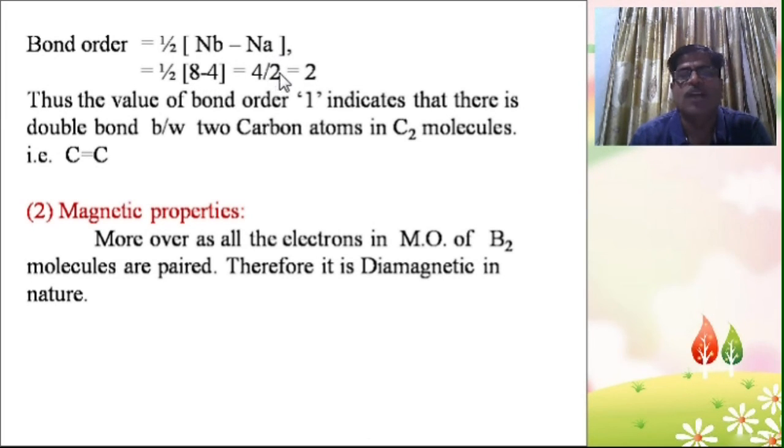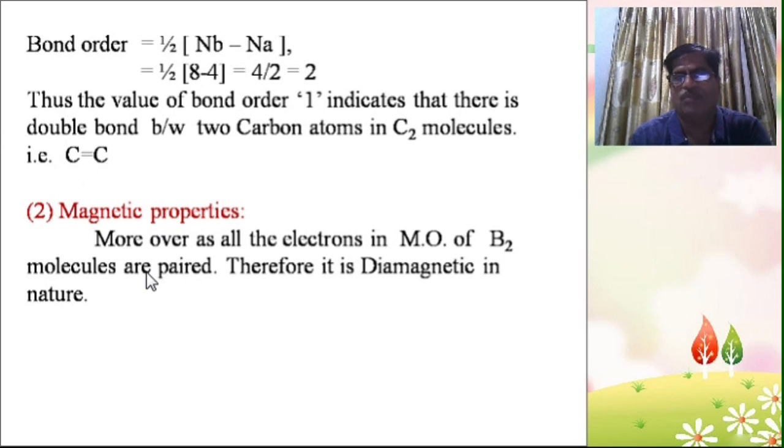So 4 by 2 is equal to 2. Here I made a mistake earlier, it is not 1, it is 2. The bond order value of 2 indicates that there is a double bond between the two carbon atoms in the C2 molecule. So C double bond C.